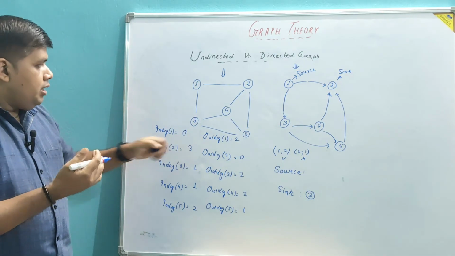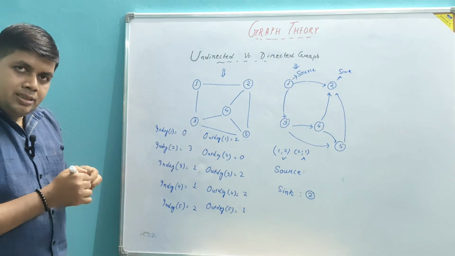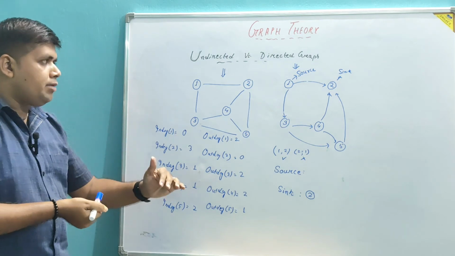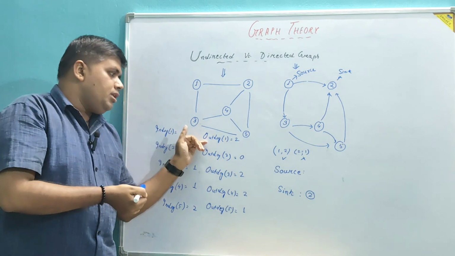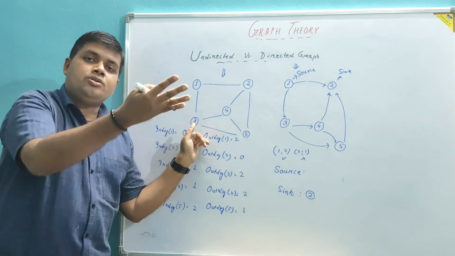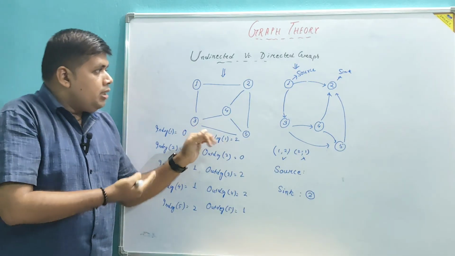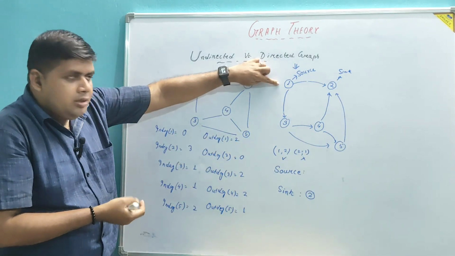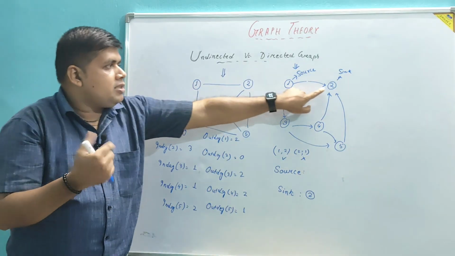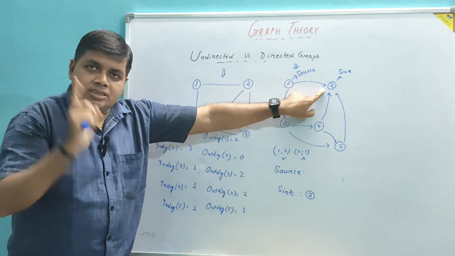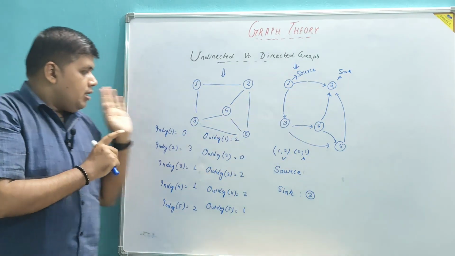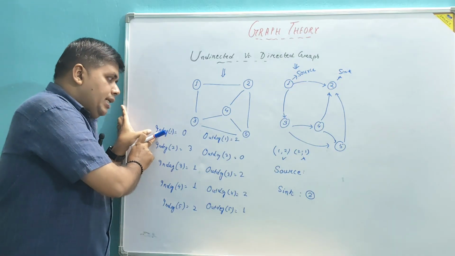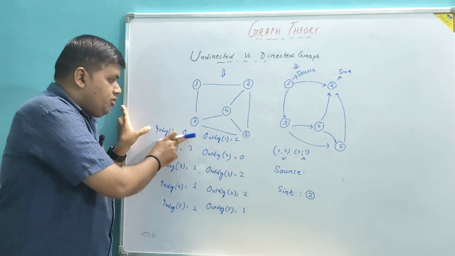In degree means the number of edges that are coming into that particular node, and out degree means the number of edges that are going out from that particular node. Now if you observe carefully, what is 1? It is source. What is 2? It is the sink node or sink vertex. The in degree of 1 is 0.